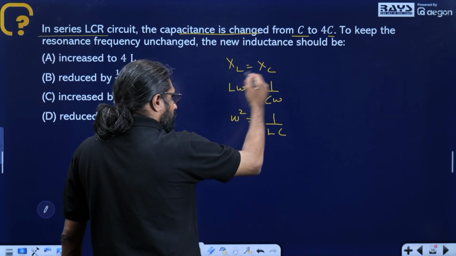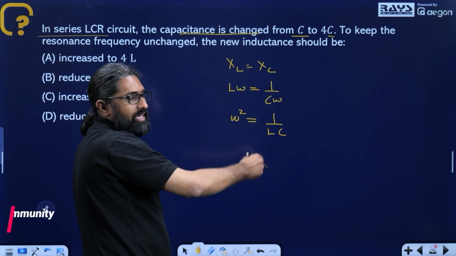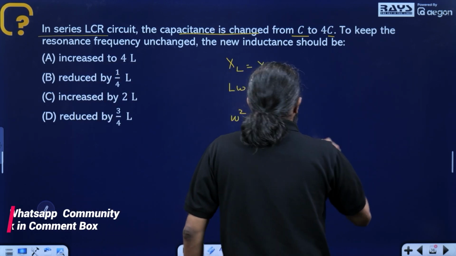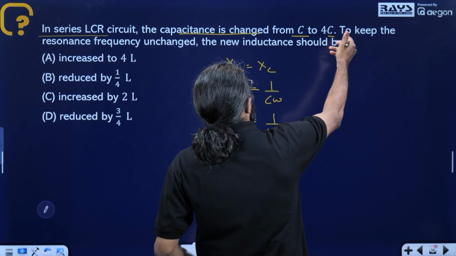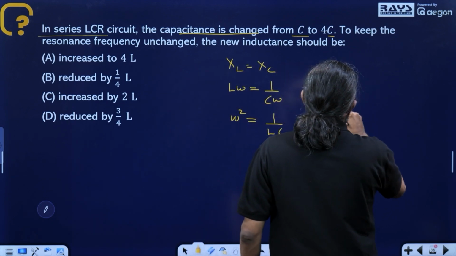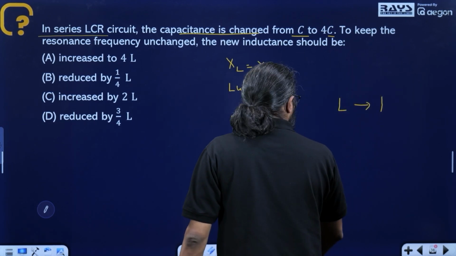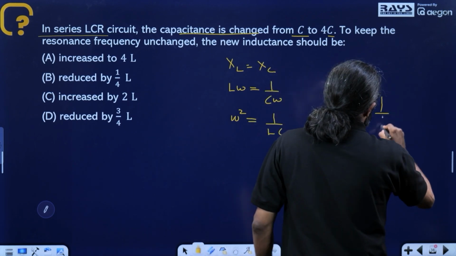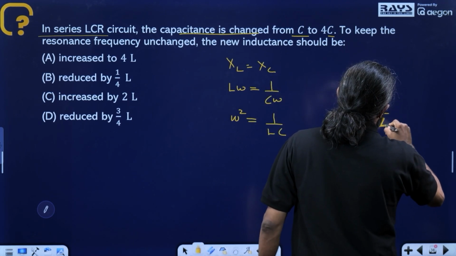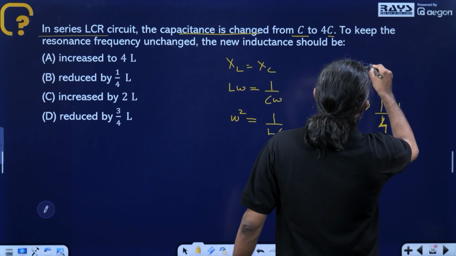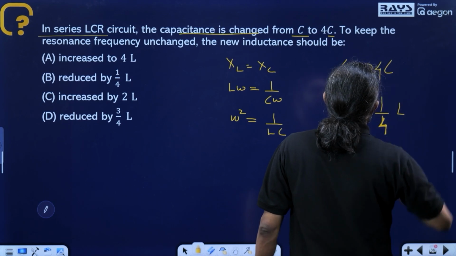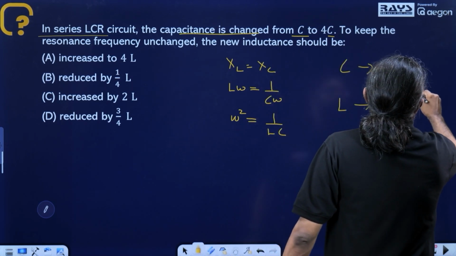Now, omega is constant, omega square constant. So LC constant. So if C becomes 4 times, L has to become 1 by 4 times.